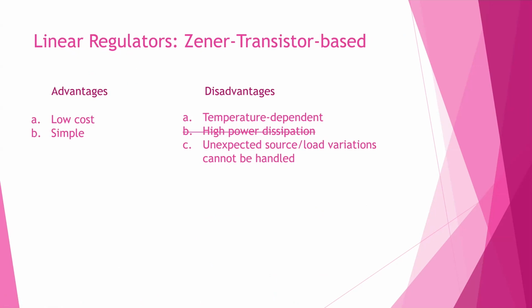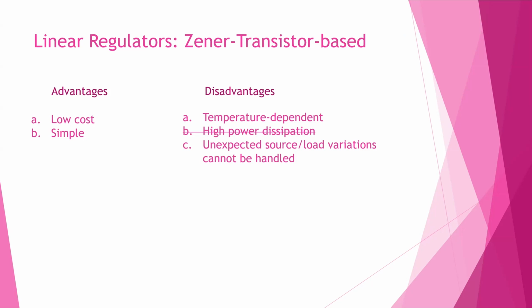So let me explain the advantages and disadvantages of this type of linear regulator. The Zener transistor based regulator can also be low cost and simple. The disadvantage is that it is temperature dependent. It cannot handle the variation of temperature.